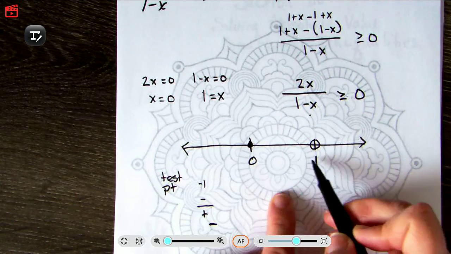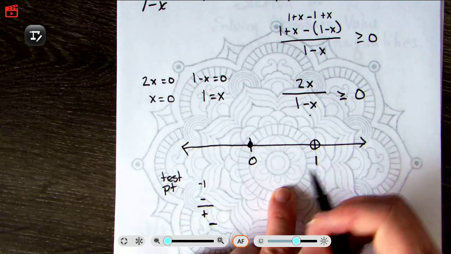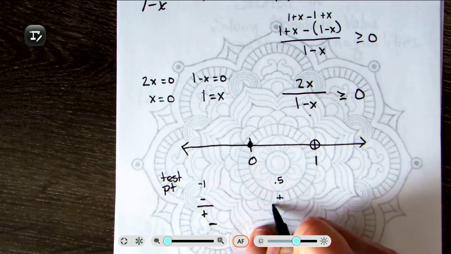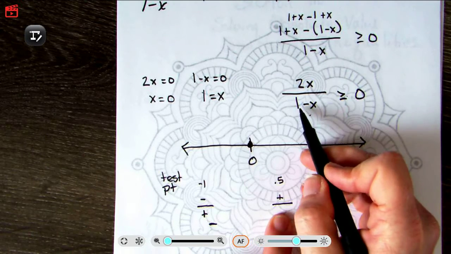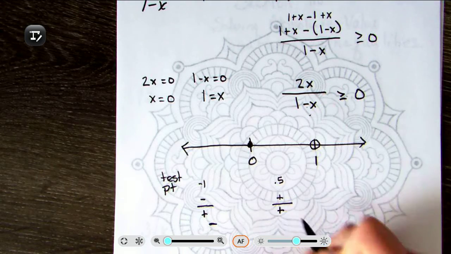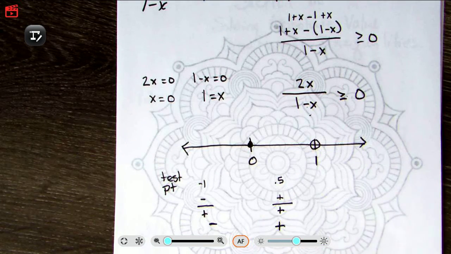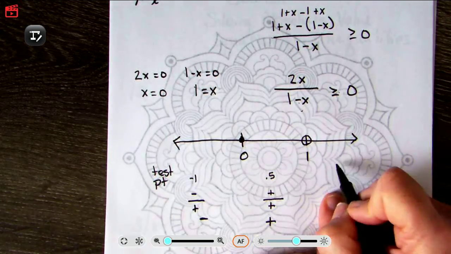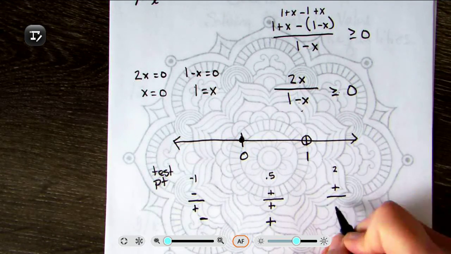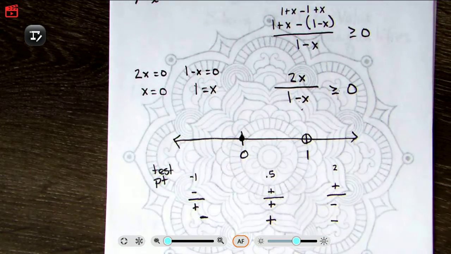Putting in a value between 0 and 1, say maybe 0.5, I would have a positive over 1 minus 0.5, so that would also be positive, so I'd get a positive. Here let's put in the number 2. I'd get a positive over a negative, which is a negative.